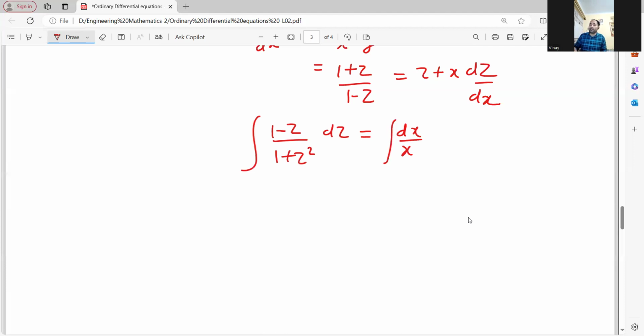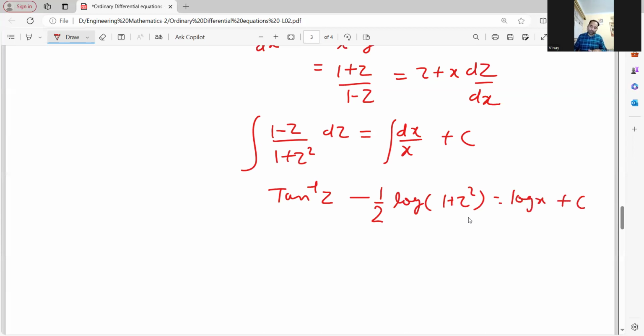You integrate it. What will you get? 1 upon 1 plus z square dz can be integrated into tan inverse z, minus half, just multiply by 2, you will get ln of 1 plus z square is equal to ln x plus c, right?